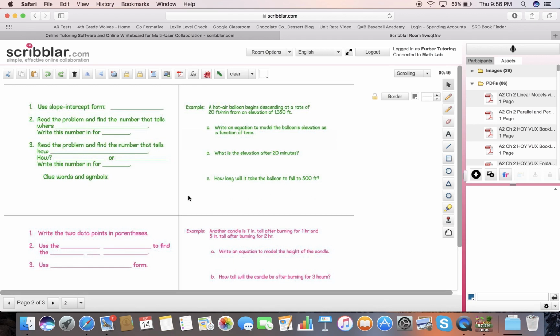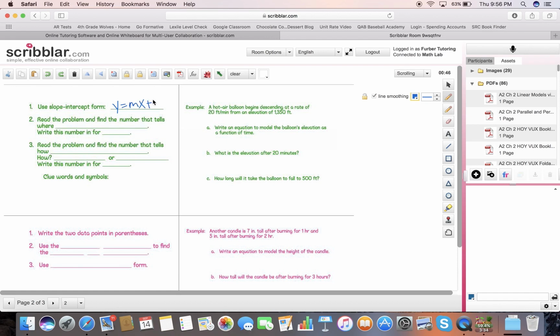When we are looking at a problem, we're going to be asked to take a given situation and turn it into some sort of linear equation, okay? So we're always going to write these equations in slope-intercept form. For example, all of these equations are going to look something like this.